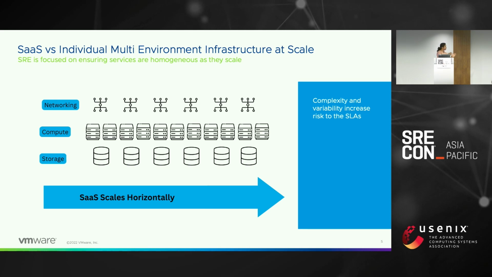We have to add an entire set of networking, compute, and storage for a different customer. And each of these configurations are different, and the cloud providers also could be different.